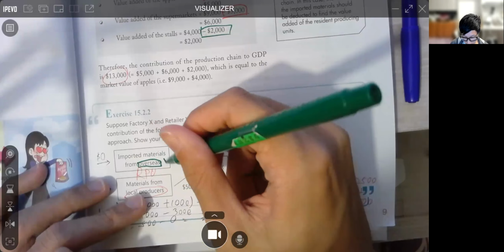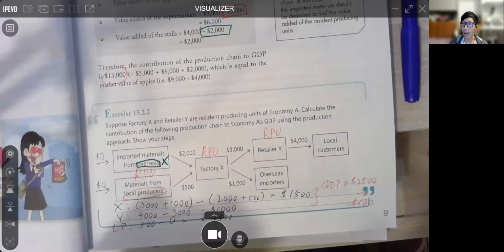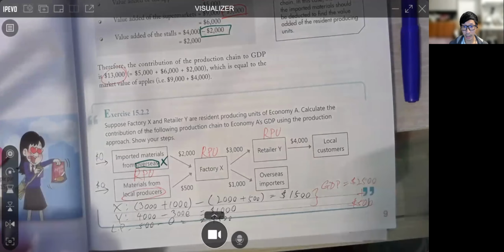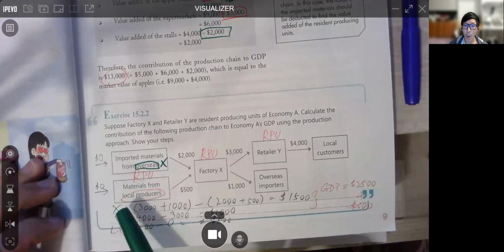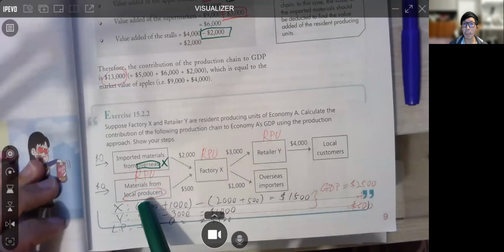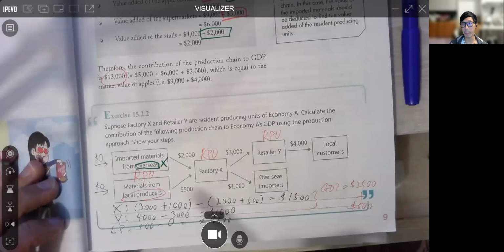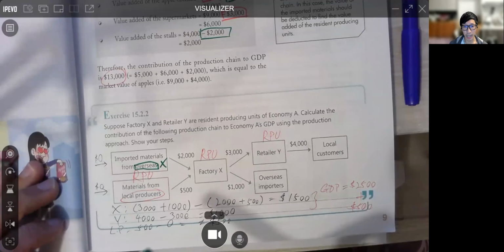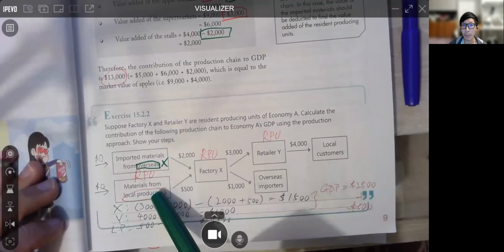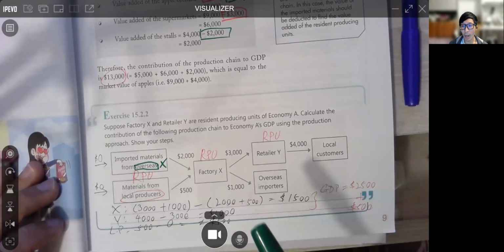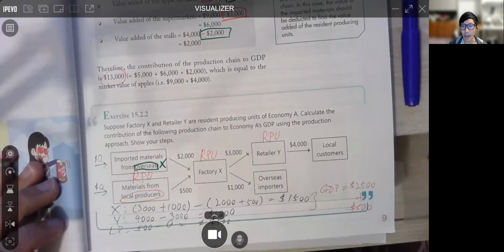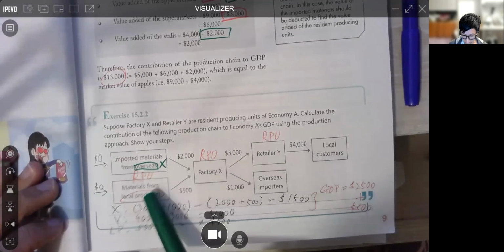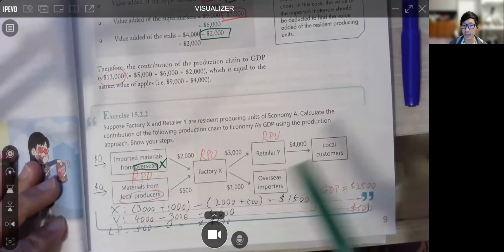When you see overseas, definitely not an RPU. Material from local producer, remember? A local producer is in our local economy. Remember, a local producer is also an RPU. Therefore, the total GDP value is the sum of all these three RPUs.